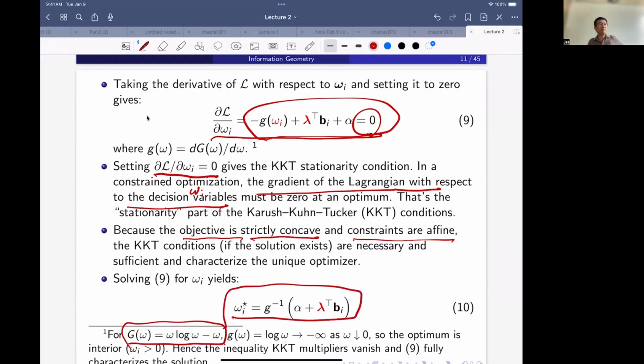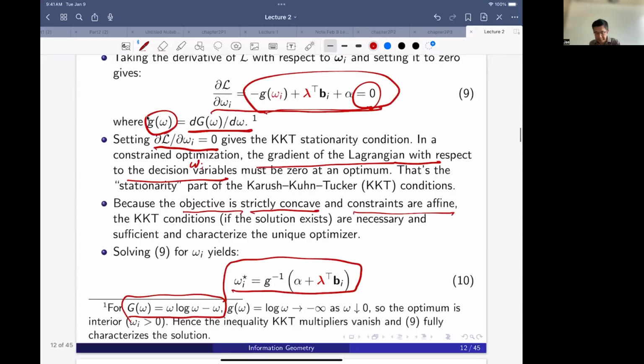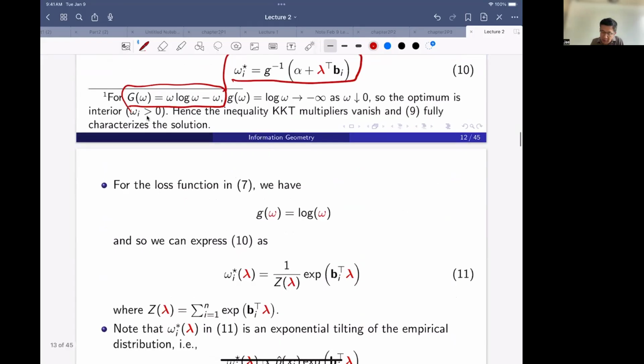Okay. So anyway, if you solve this with respect to omega, then you will get this form. G inverse is just the inverse function of G, and small g is the first order derivative of capital G. And now, what is G of omega? Omega log omega minus 1 minus omega. So G prime is what? You can see that this is log omega.